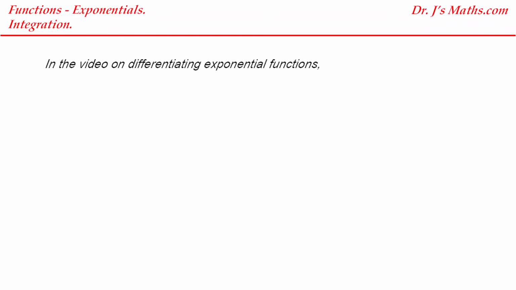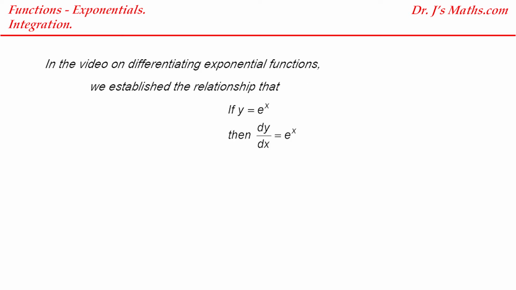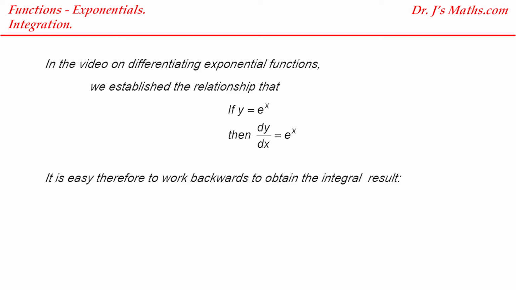In the video on differentiating exponential functions, we established the relationship that if y was equal to e to the x, then the derivative dy/dx was also equal to e to the x. It is easy, therefore, to work backwards to obtain the integral result.